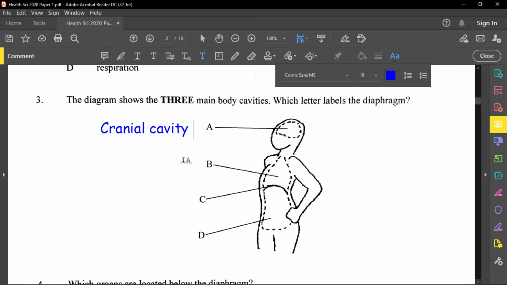For B, this is the chest, and the chest area or chest cavity is called the thoracic cavity. So you may see this as the chest cavity or the thoracic cavity. That's option B. Now option C, the structure C, is the diaphragm, and that will be our answer.